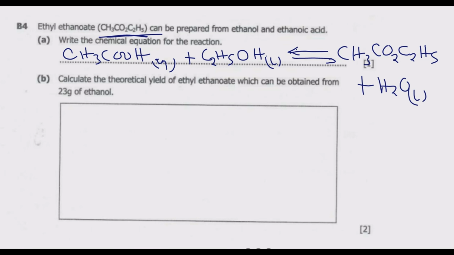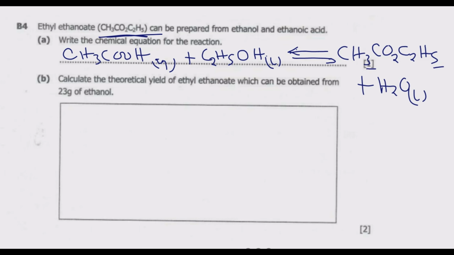On this side we have 2 plus 2, which is also 4. Then in terms of H, we have 4 plus 6, which is 10. Also this side we have 3 plus 5, which is 8, plus 2, which is 10. So it's already balanced. So this is how you answer this question.